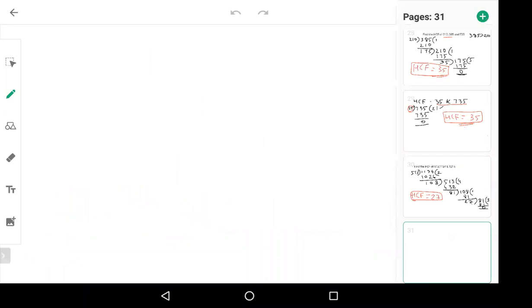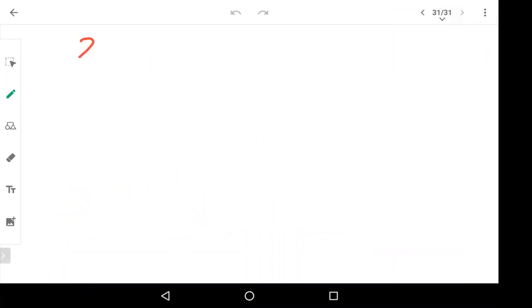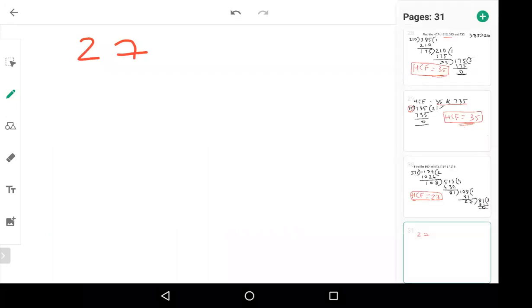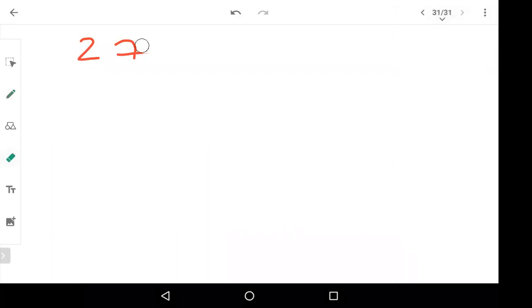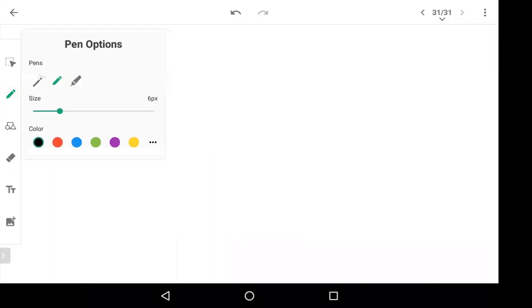Now we have 27, and along with 27, the other number is 1215. Okay, so we have 27 and 1215. 27 into 45 or 46? 27 into 45.